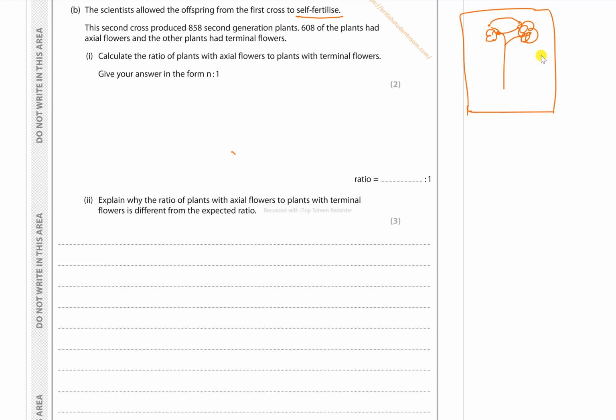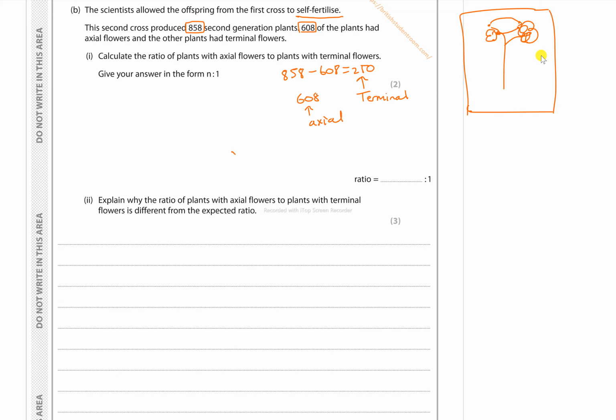This second cross produced 858 offspring, and 608 were axial. So what they're saying is 858 minus 608 gives you 250 terminal plants, while 608 were axial.